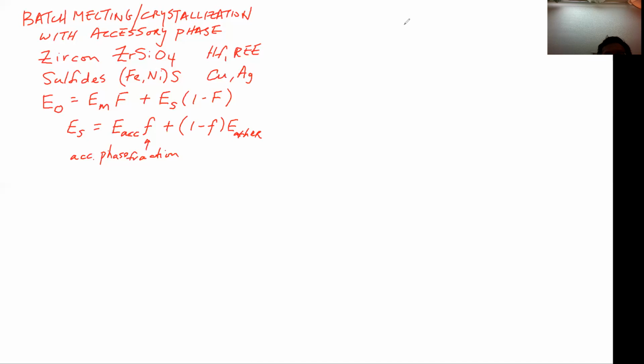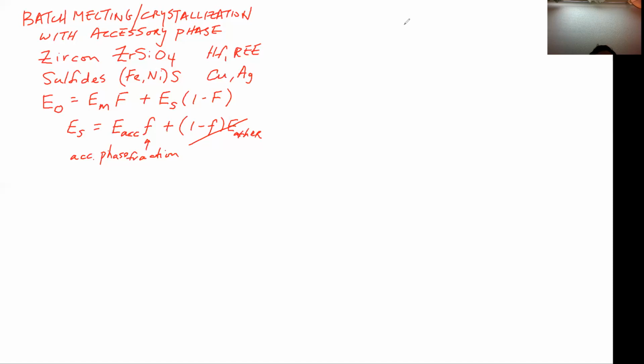Like sulfur doesn't go into any of the silicate minerals. Zirconium does, but it's in trace amounts. But it's such a large constituent in zircon that we can ignore this quantity right here. That goes to zero.